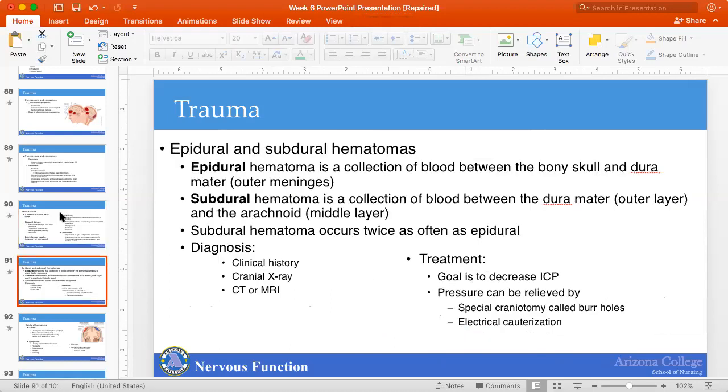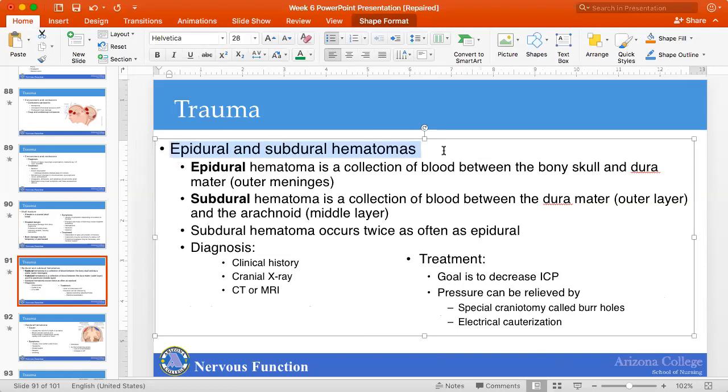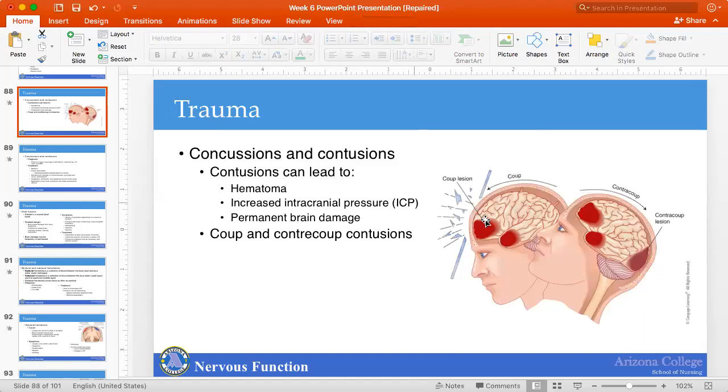You also have epidural and subdural hematoma. So this is basically blood pooling in certain areas of the meninges. An epidural hematoma is a collection of blood between the bony skull and the dura mater, which is the outside layer that is immediately along the inside.